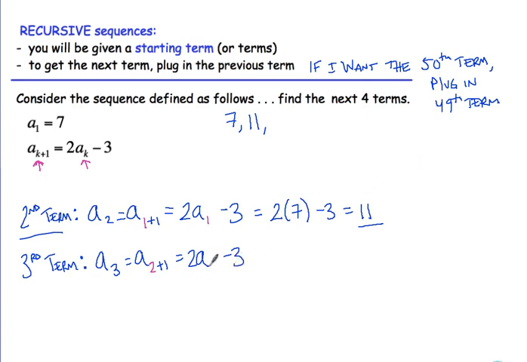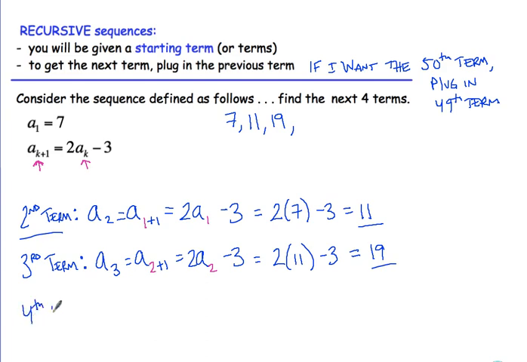Just color coding it, so I'm plugging a 2 in for k. Now this is calling for a sub 2, which I just found was 11. 2 times 11 minus 3, I'm going to get a 19. So my third term is a 19.